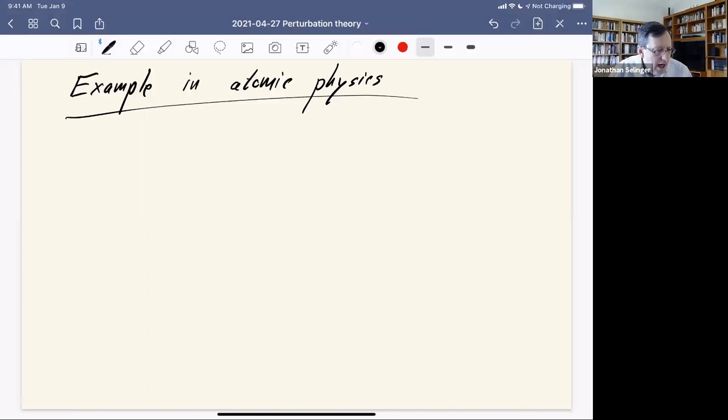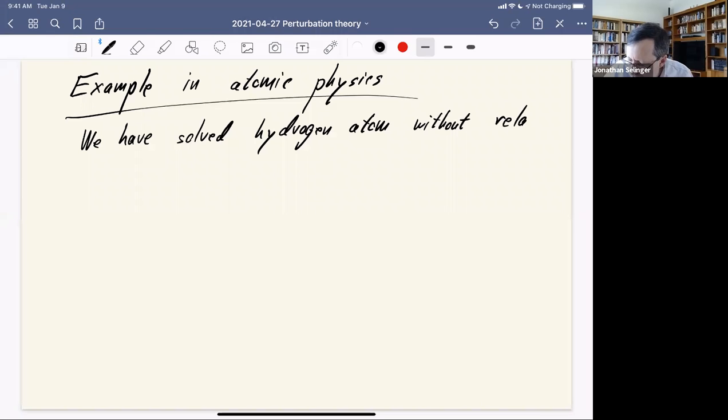We have done a non-relativistic calculation: we have solved for the hydrogen atom without relativity.